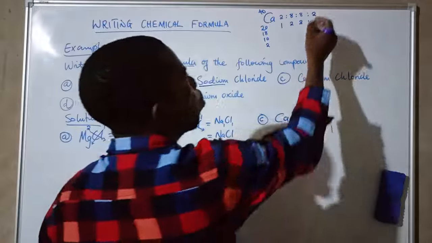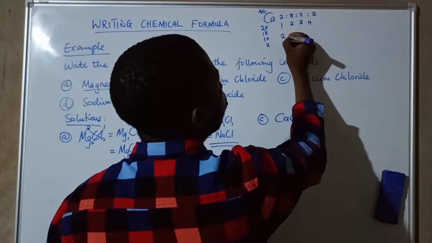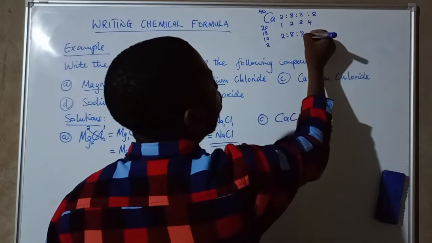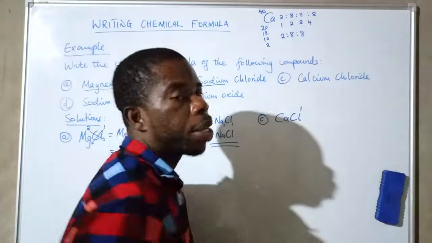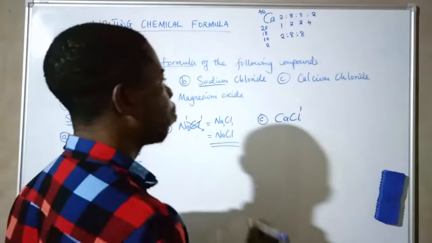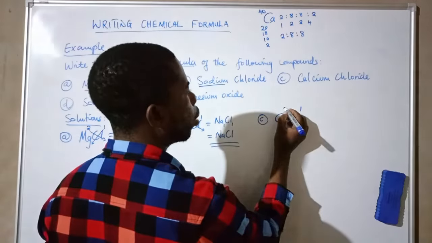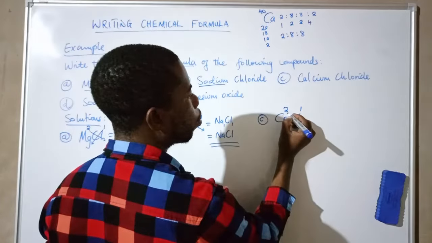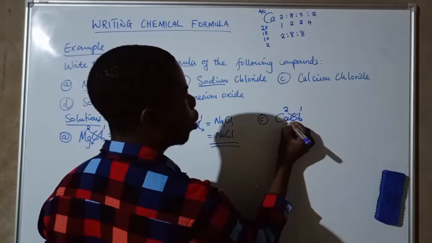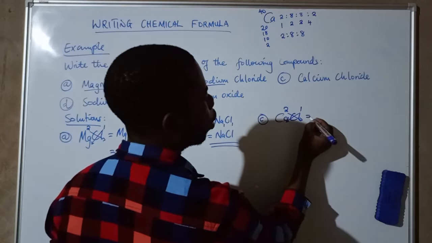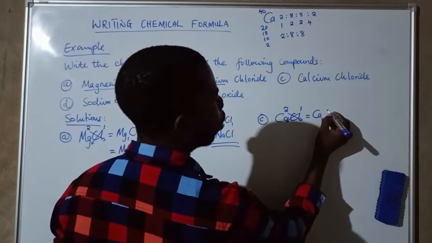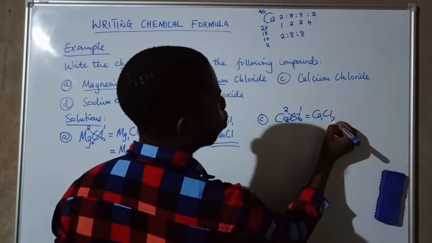So when it loses those 2 electrons, it remains with 2, 8, 8. So the last shell now has 8, so calcium atom becomes stable. So since it loses 2, the valence becomes 2. So you put 2 as a power there. Then you cross the 2, comes here, then the 1 comes there. So meaning you write it like calcium with a 1 here, then chlorine with a 2 here.